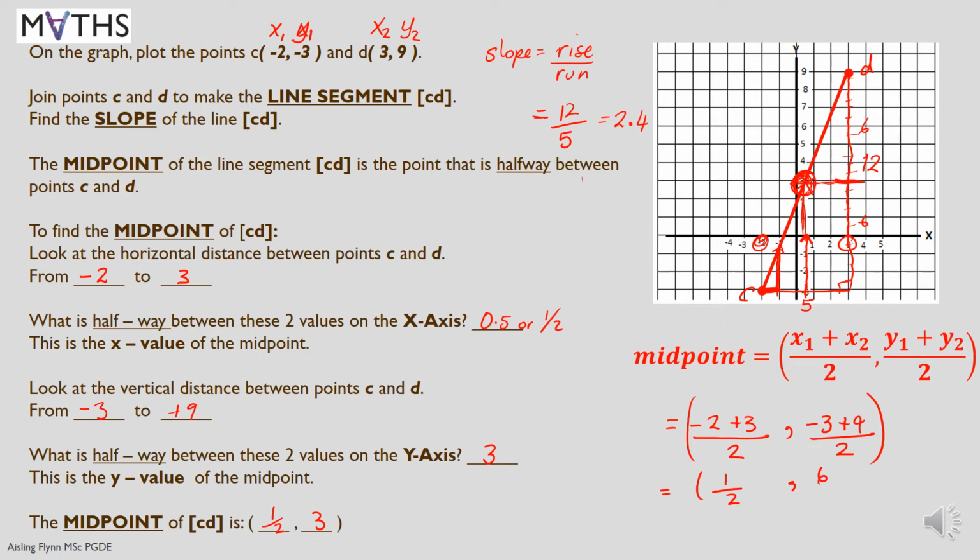Then minus 3 plus 9 gives me plus 6, divided by 2. We'll leave the x value as a half, and 6 divided by 2 is 3, so we get the same answer. When you have the graph drawn, it is definitely easier just to do it by counting: halfway along the horizontal direction and halfway on the vertical. If you have the coordinates, you can use the formula.